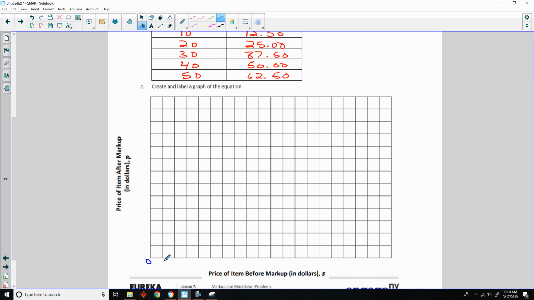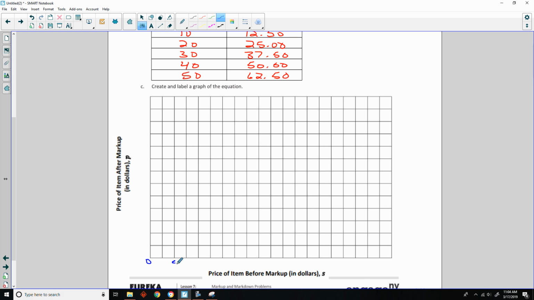So this is 0. And let's see, what do we have to go up to? 50. And we have 1, 2, 3, 4, 5, 6, 7, 8, 9, 10, 11, 12, 13, 14, 15, 16, 17, 18, 19, 20. Hey Siri, what's 50 divided by 20? 50 divided by 20 is 2.5.